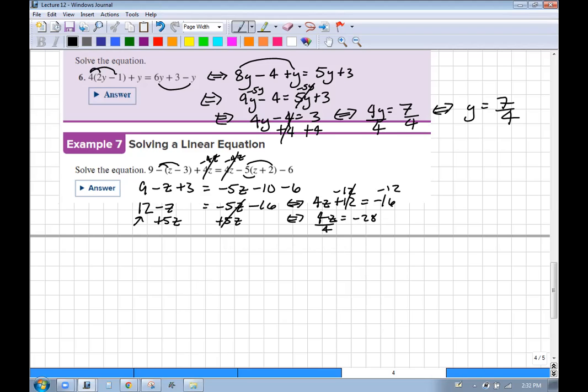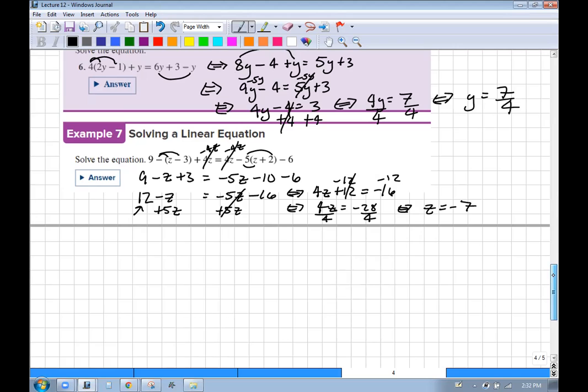Now I can divide by 4. Z is -28 over 4. What is that, -4? No. How many times is 4 going into 28? 6, 7, right? 7 times 4 is 28. Yeah, that's right. Any questions?